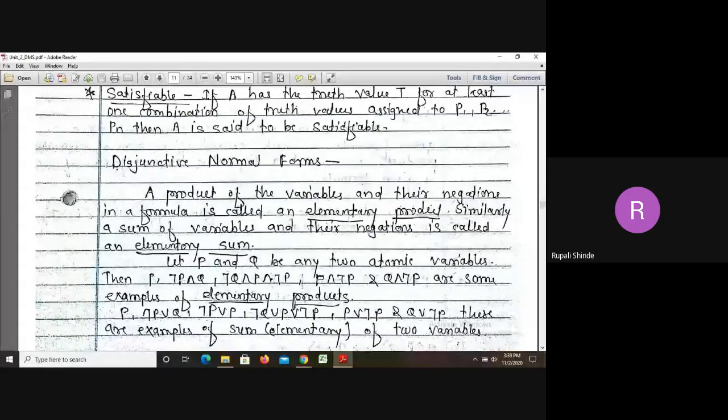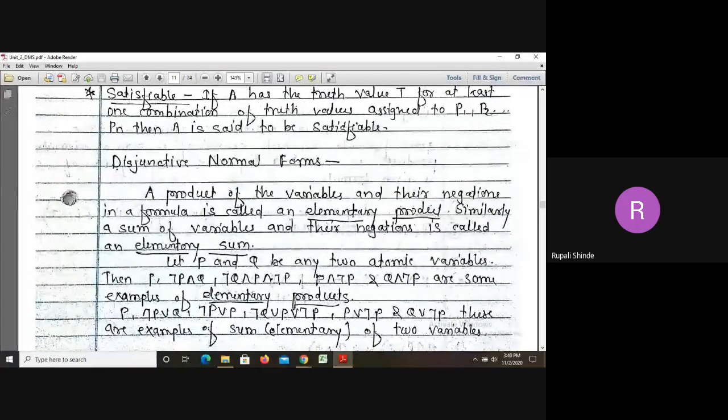Check here, negation P and Q: negation P and Q are connected together by the AND symbol. Likewise, P and negation P, again these two variables are connected together by the AND operation. So this is called an elementary product. A product of variables and their negations in a formula is called an elementary product.